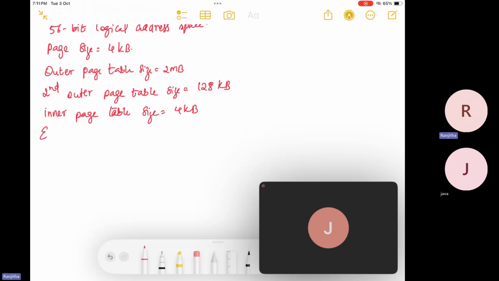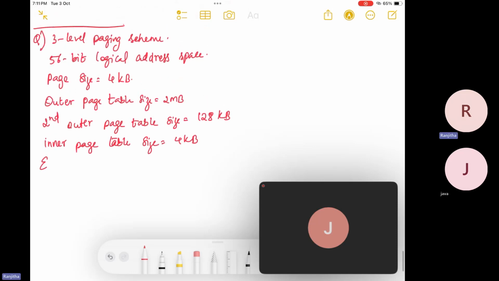Now each entry in the page table is four bytes.